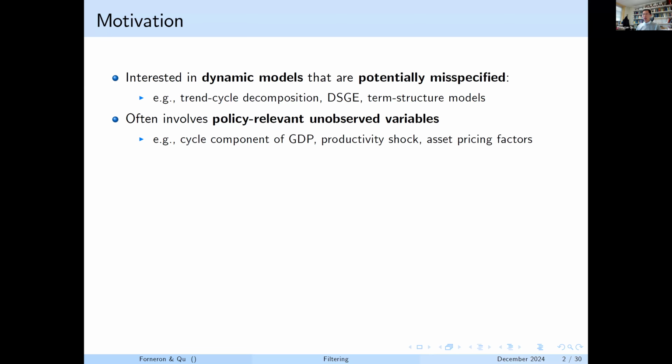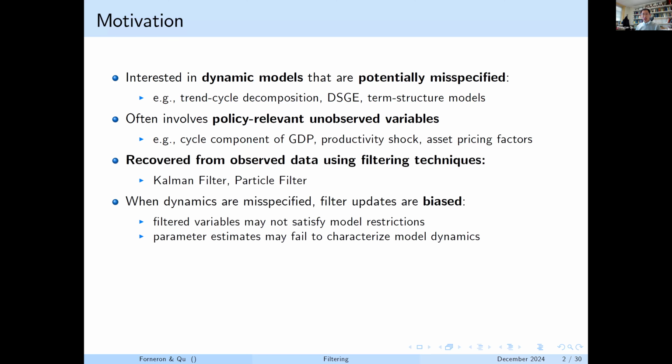Models like this often involve policy-relevant latent variables. For example, we might have a cycle component of GDP in a trend cycle decomposition. We have productivity shocks or other shocks in a DSGE model, or we might have asset pricing factors in term structure models. Because these variables are not directly observed, they must be recovered from the data using some filtering techniques.